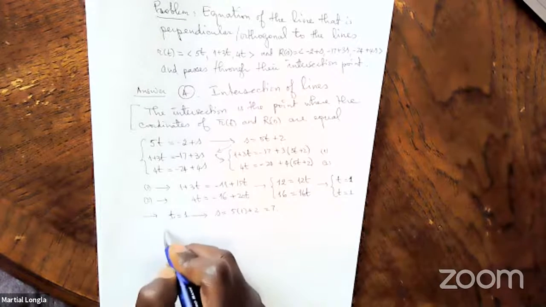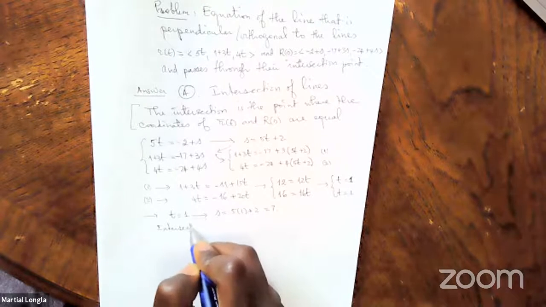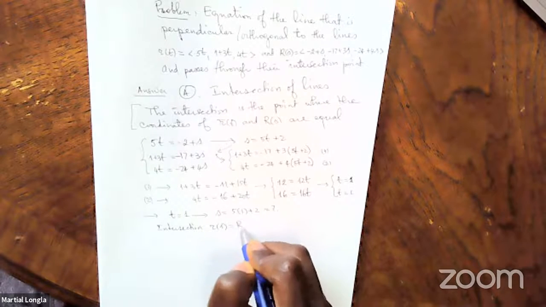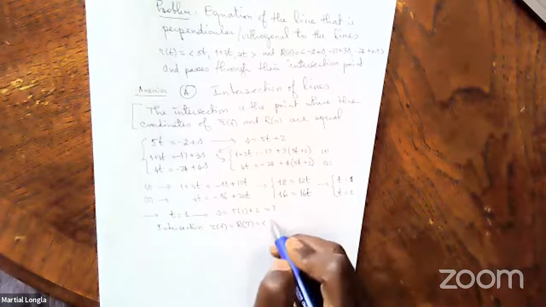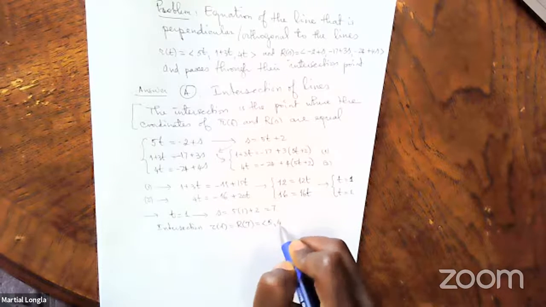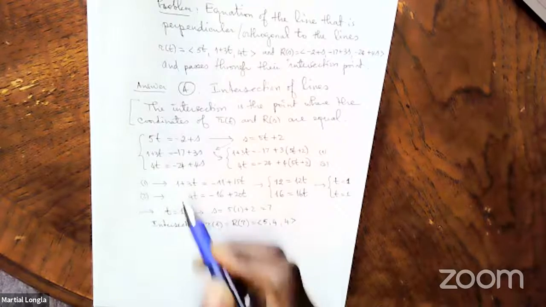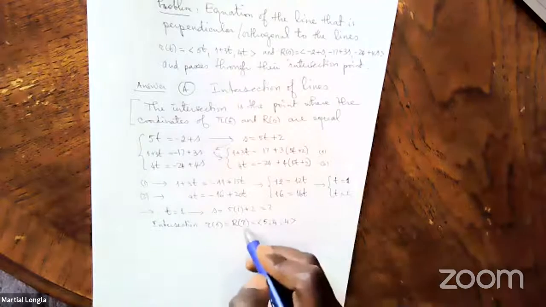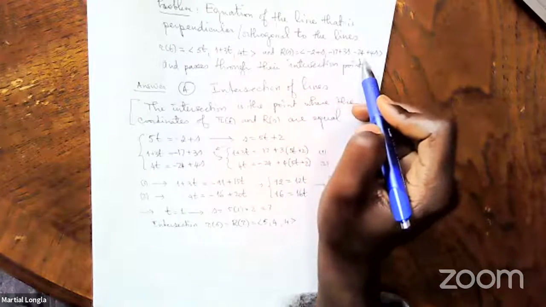And now the intersection: r of 1 equals capital R of 7 equals 5, 4, 4. You can check that when you plug in t equal 1 here, you get 5, 4, 4. And when you plug in s equals 7 here, you get 5, 4, and 4.